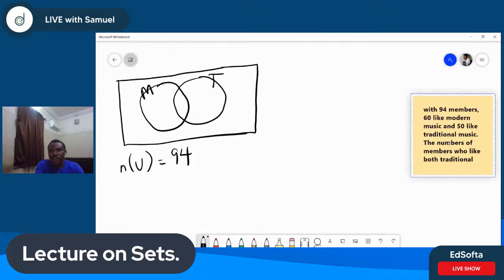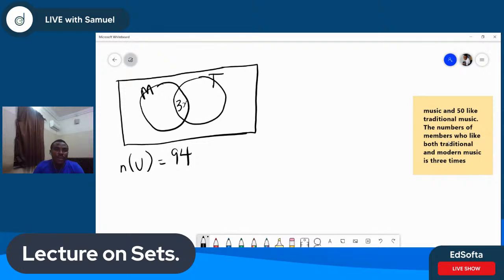You now said the number of those who like both is 3 times the number of those who like neither. So let's say the number of people who don't like music at all is x. So the number of those who like both modern music and traditional music will be 3x.